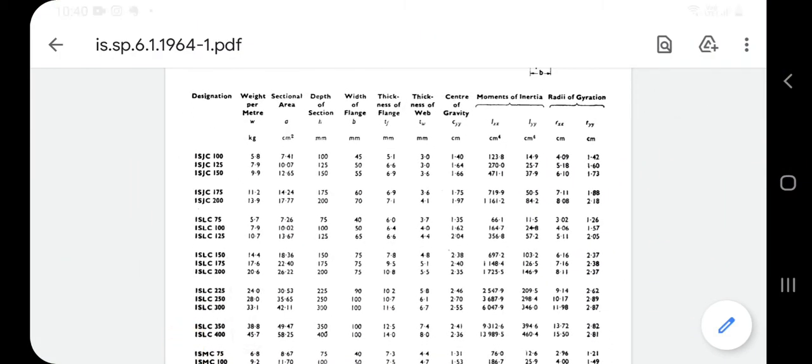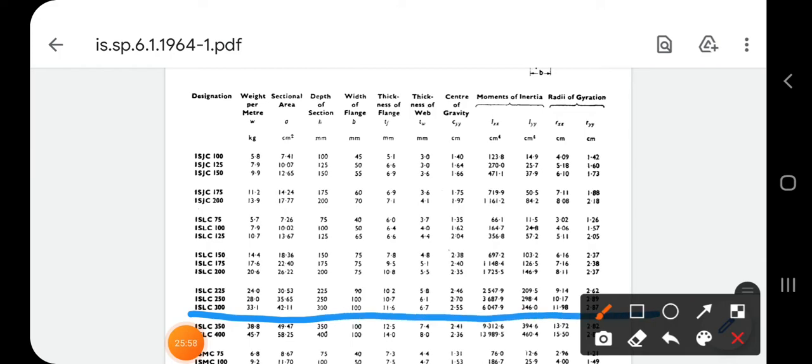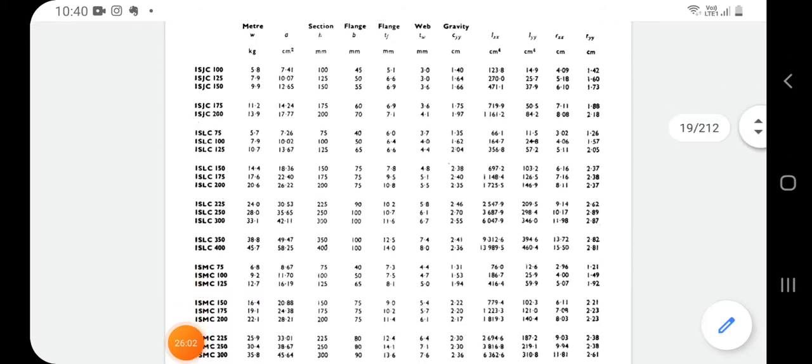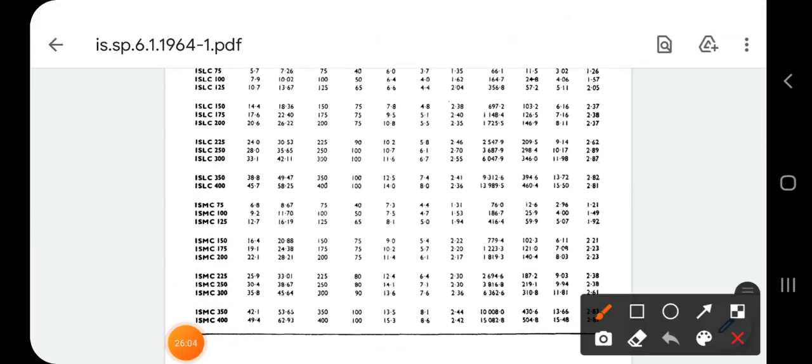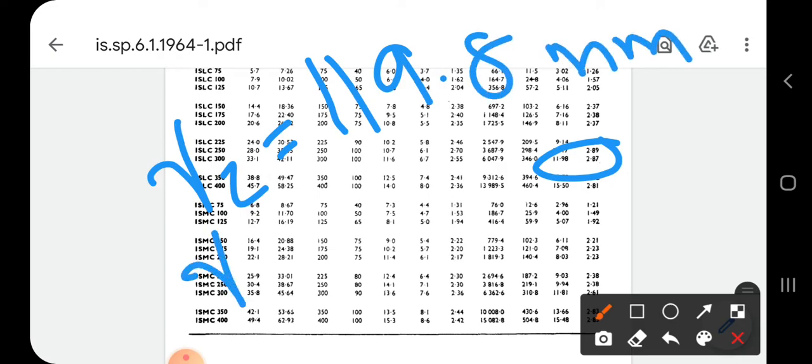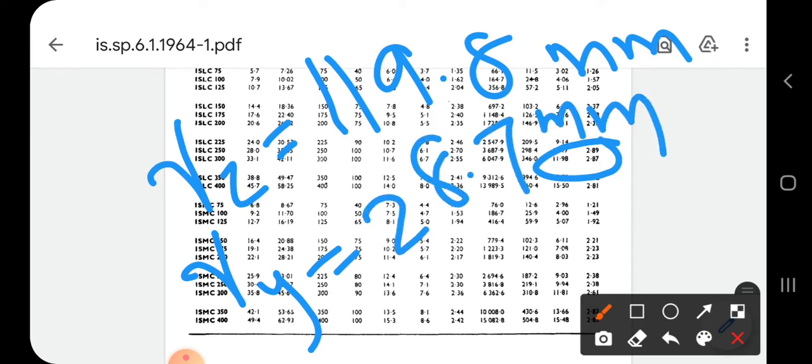As you can see in that SP6, for ISLC 300, R set value is 119.8 mm and RYY is 28.7 mm. So actually from this table we can find that RY is less and R set is more.